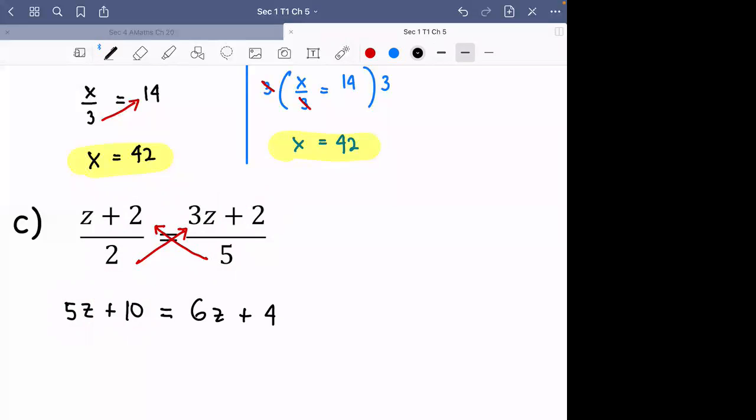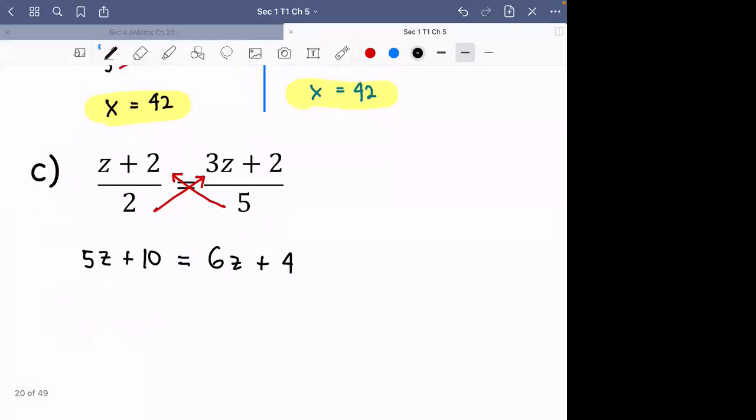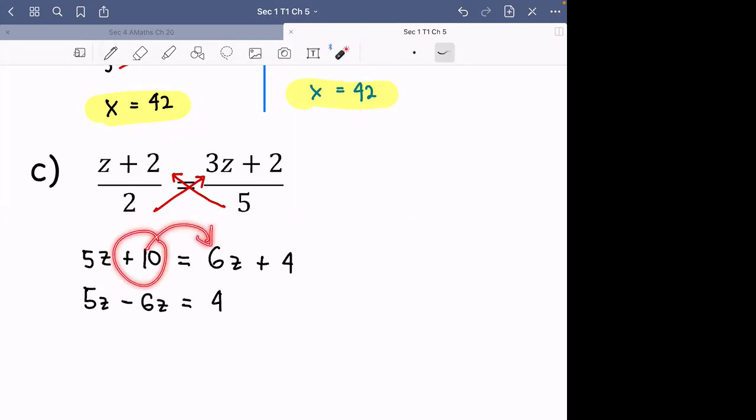Do you have any question? None? Okay, so after this, we can proceed to the usual steps. We put all variables on one side and constants on the other side. So I'll bring down 5z here and transpose 6z to the left side, so it becomes minus 6z equals, and then bring down 4 and transpose positive 10, so it becomes minus 10.